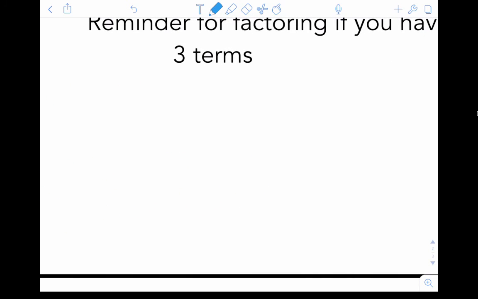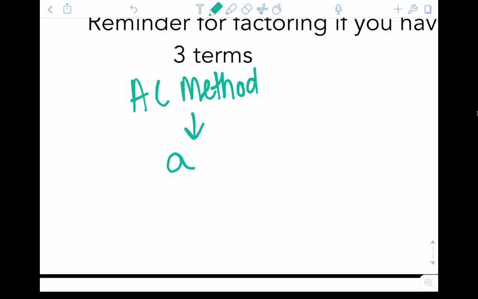When you have a 3-term, you can always use the AC method, but then within the AC method, you have a couple of those shortcuts. So you might be able to use that a equals 1 shortcut, and you might be able to use the perfect square trinomial shortcut.